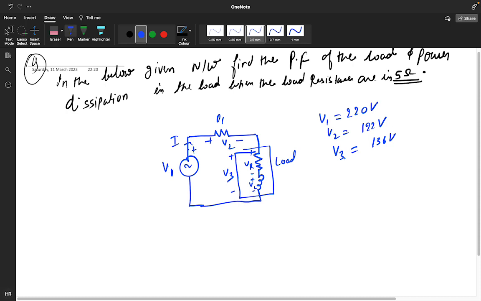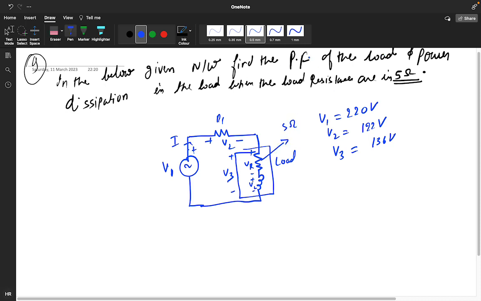And you need to find the power factor. So tell me one thing, the load in the given network is R plus L combination, and the resistance value is given as 5 ohm.